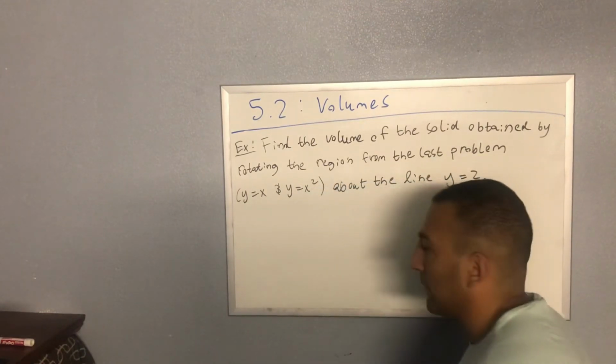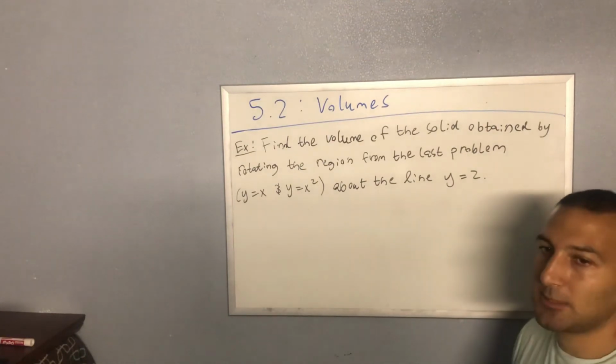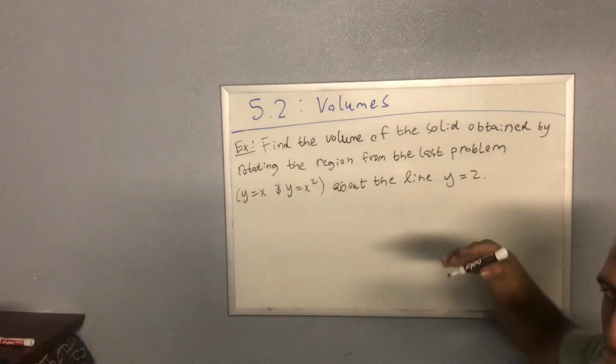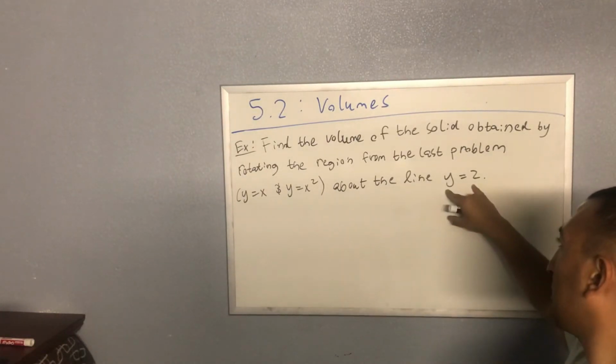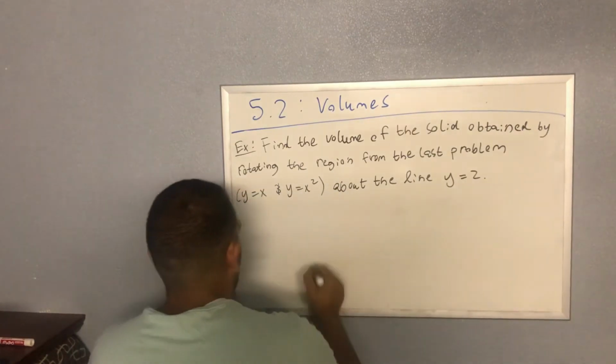So now we're flipping this thing not around the x-axis or the y-axis, but another line. The line 2 units up. So a horizontal line at 2 units up. That's what this thing is. So let's again draw this out.